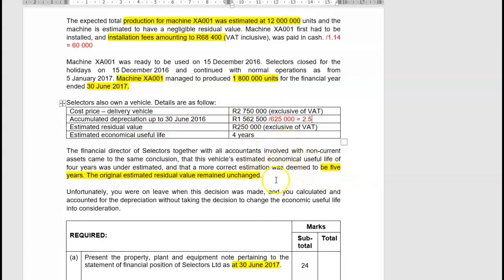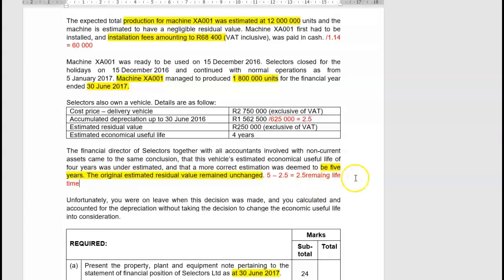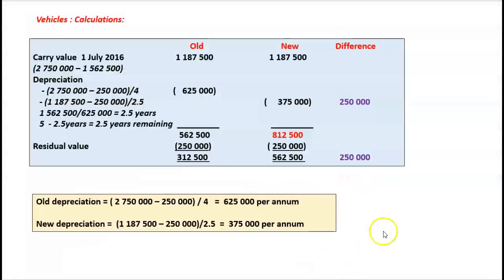It will be 5 years, less the number of years that have already passed, which we have worked out as 2.5 years, and that gives us the remaining lifetime of the asset as 2.5 years. Let's write it there, remaining lifetime.